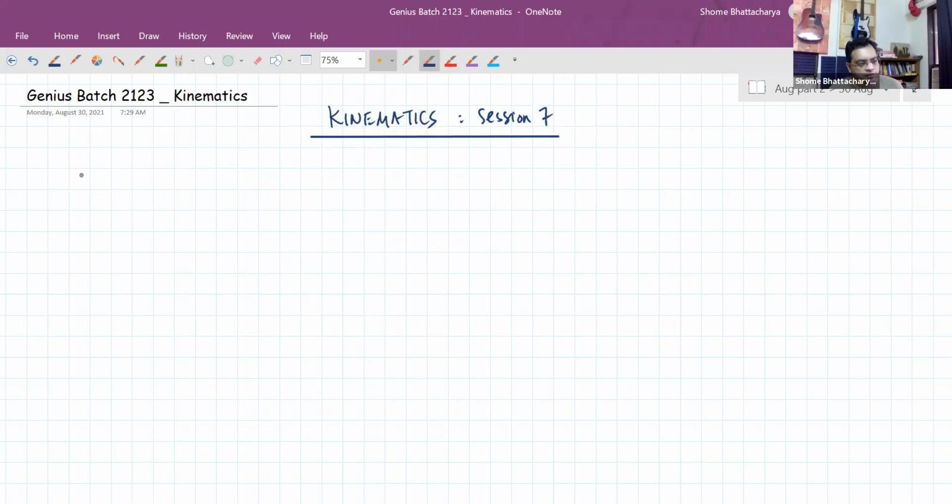So we start with projectile motion from an inclined plane.